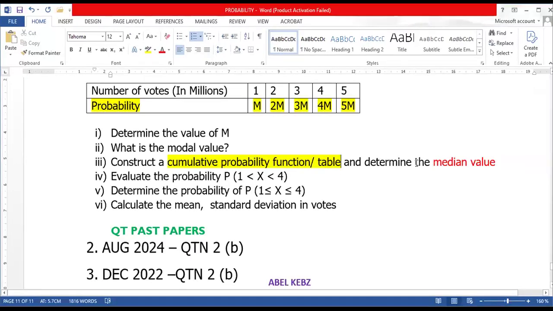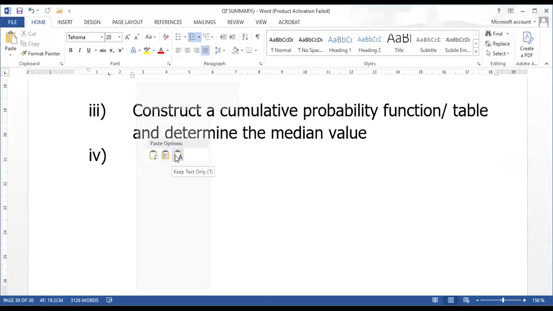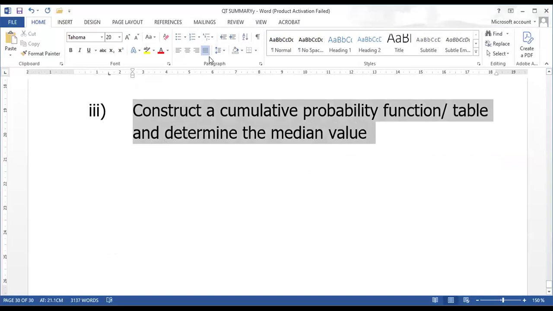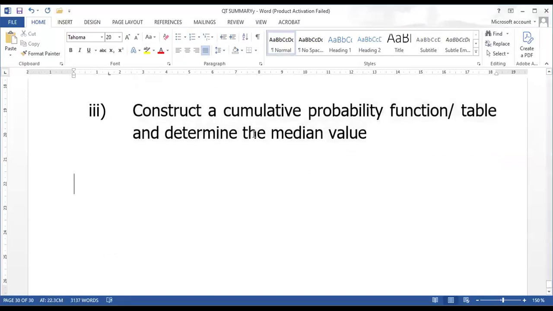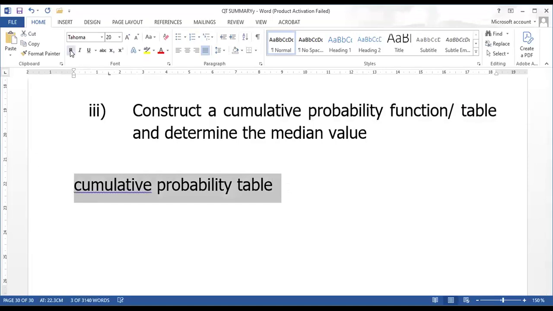So Roman 3, sorry. Let me first copy from here. And we are looking at this. So how do I determine this? How do I, first of all, what is going to be my cumulative table? I first come up with a cumulative probability table.